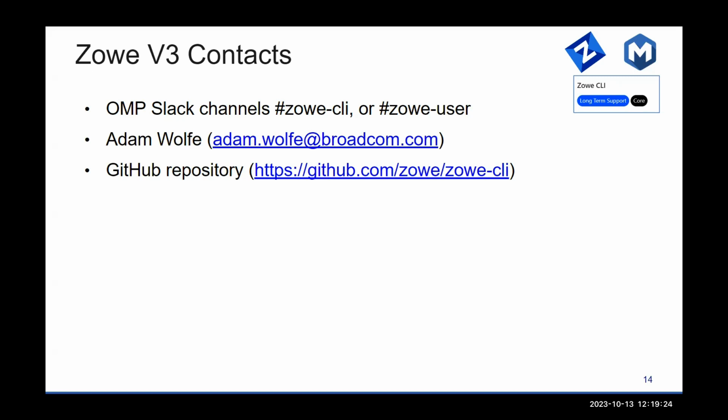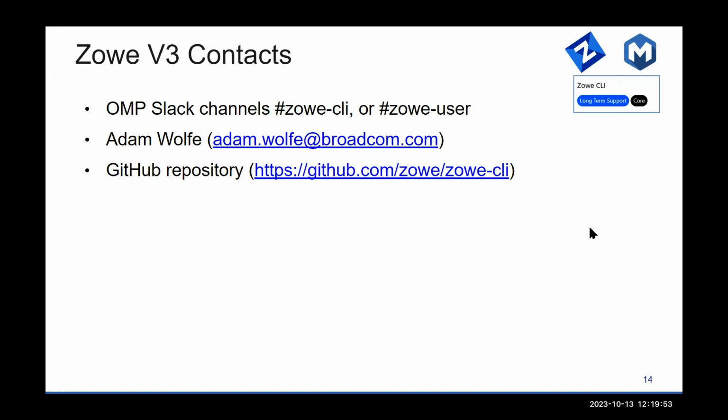So if you have questions, reach out there. I'm sure somebody on the team will get back to you very, very quickly. For more complicated questions that you don't want to put in a public channel, feel free to email me at the email provided. We can discuss any questions you might have and try to find a solution if one is not available. Or at the very least, I can point you to a place to look.